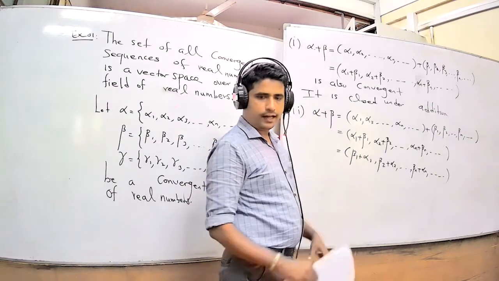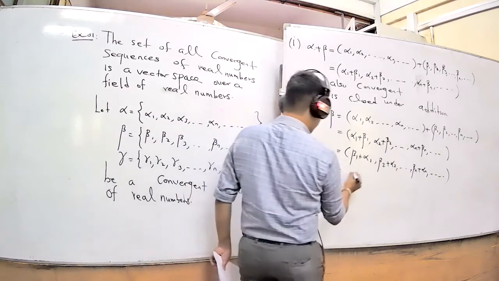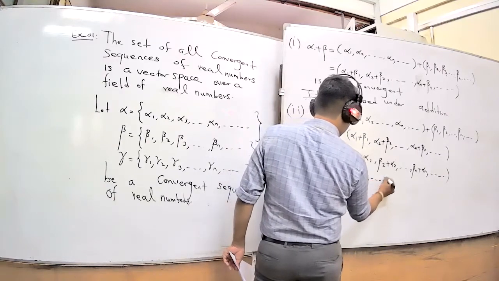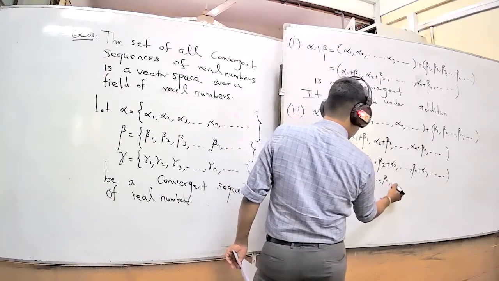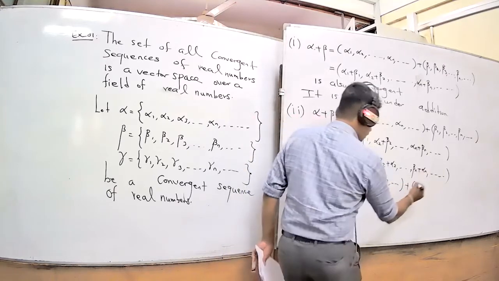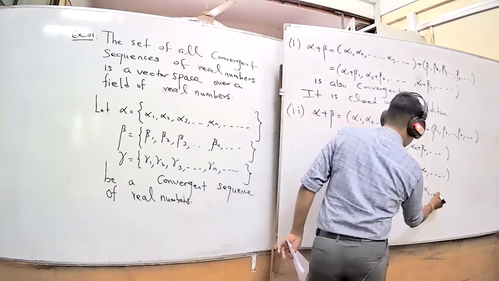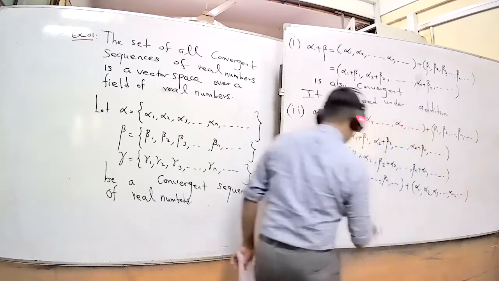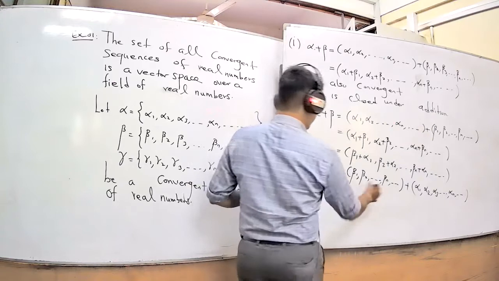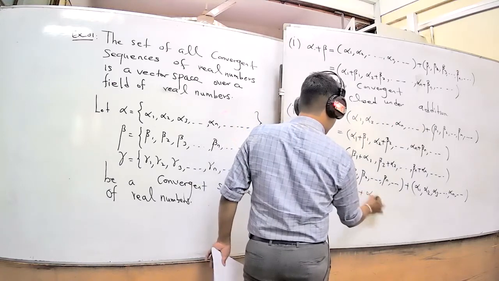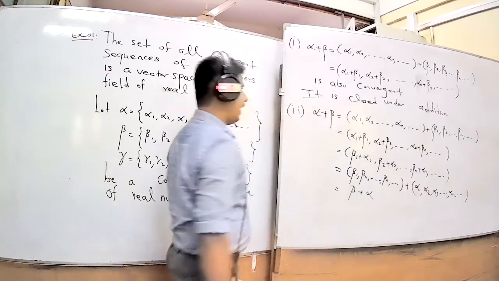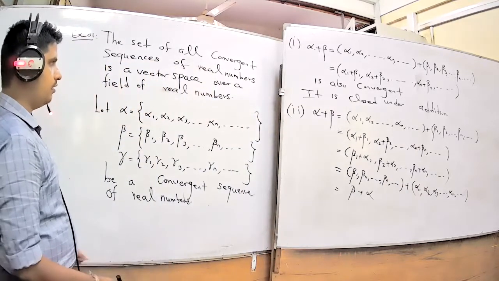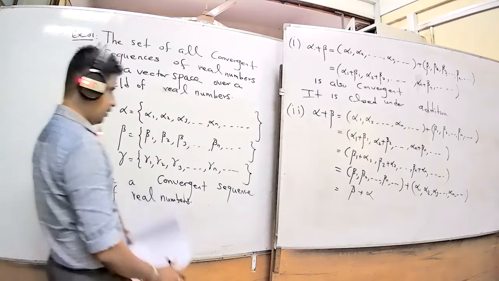This is your beta: beta 1, beta 2, and beta n, and so on, plus alpha 1, alpha 2, alpha 3, alpha n, and so on. It is your beta, it is your alpha. Thus, this addition is commutative.